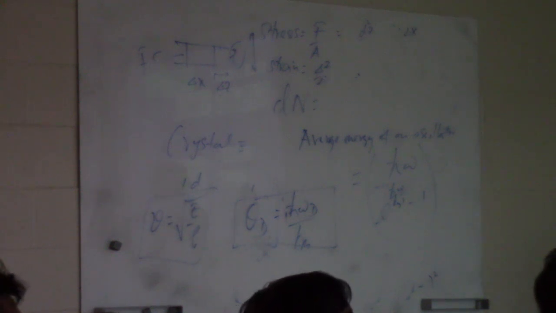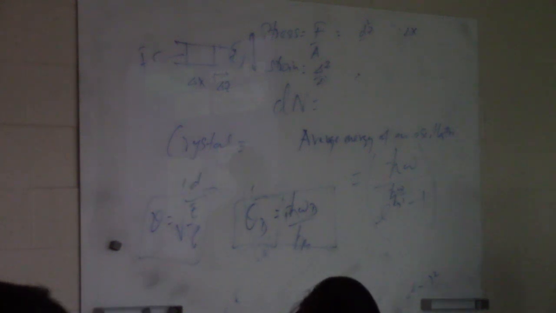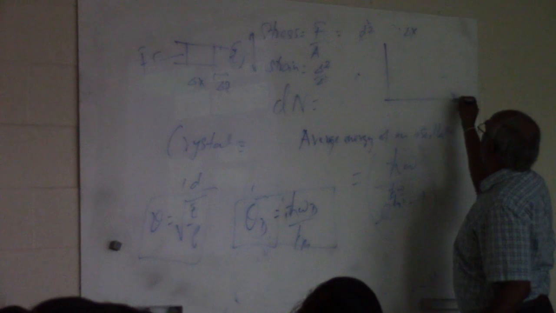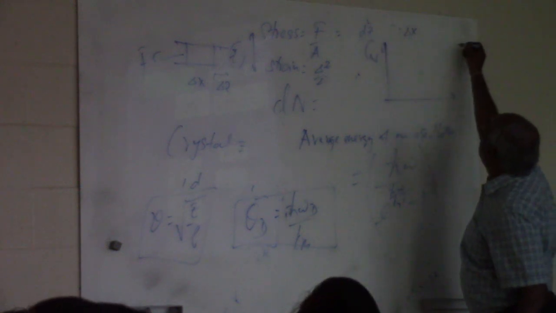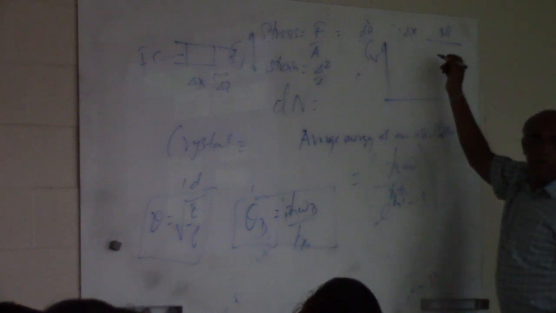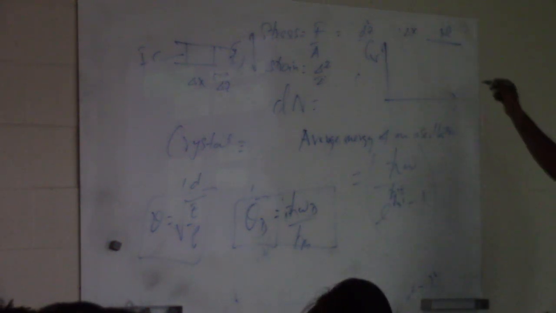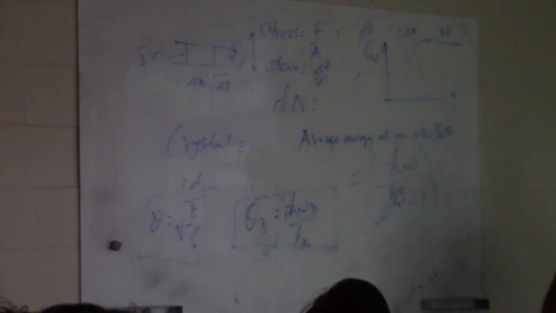It's pretty good, right? That's what we expect. At high temperature, C_V is 3R, so that's pretty close. But at low temperature, now let's see.